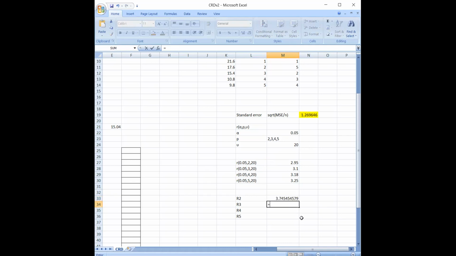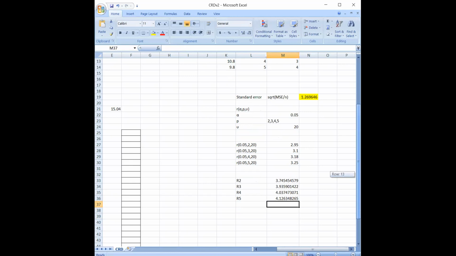For R3, you check the table value when P is equal to 3, it's 3.1, and multiply that by the standard error. For R4, you check the value when P is equal to 4 and multiply that by the standard error. For R5, take the table value when P is equal to 5 and multiply that by the standard error. So now we have found the least significant ranges.